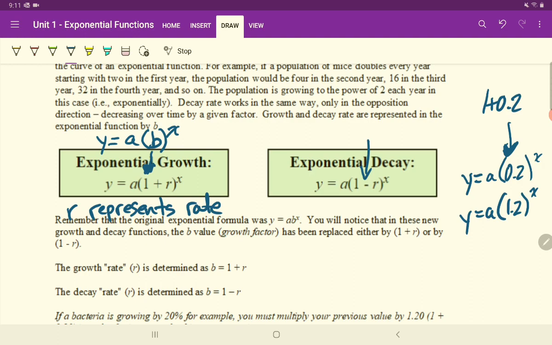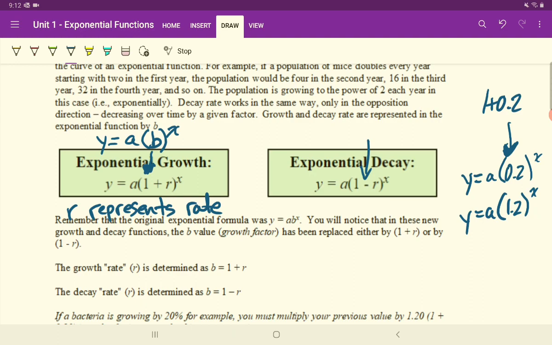When things are growing by percentages or decaying by percentages, okay, you have to remember that if it's growing, it doesn't make sense to have your base value here as 0.2, because that would actually show a decrease, right? It's a decimal. Your y values would be getting smaller in that case. You want to show growth and you want the y values to be growing.